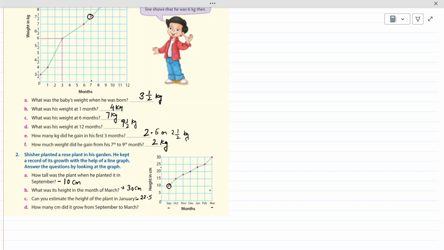The height of the plant in March is 30 centimeters, and in September it was 10 centimeters. We have to find the growth in this period, which we can measure by subtracting the two. That is 30 centimeters minus 10, 20 centimeters is the growth of the plant from September to March.